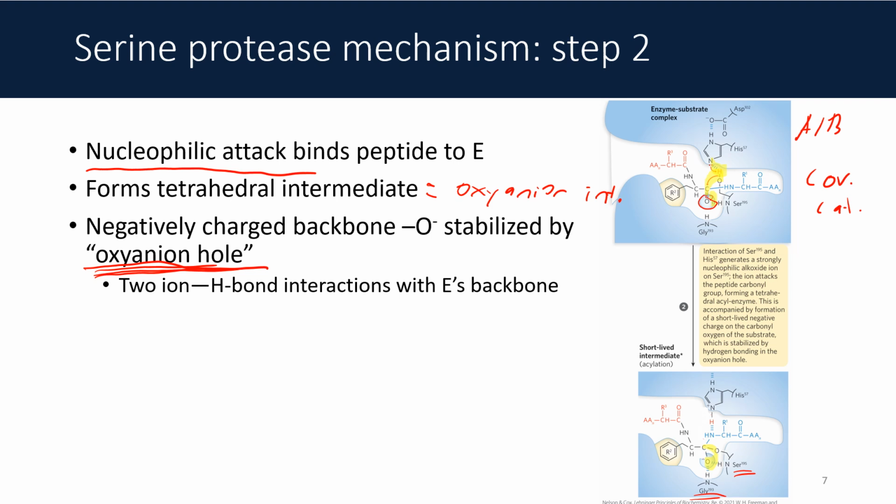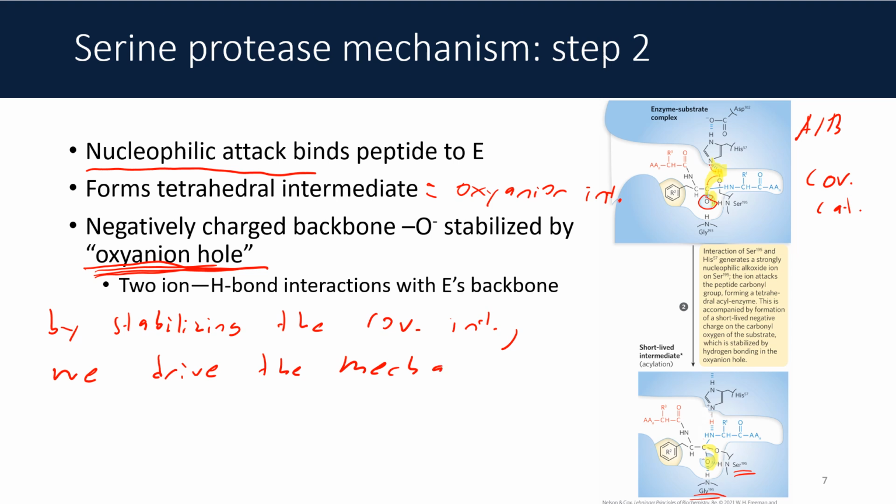These NH groups can think of it as forming a hydrogen bond with the transient CO- that forms. By stabilizing the covalent intermediate, we drive the mechanism forward.